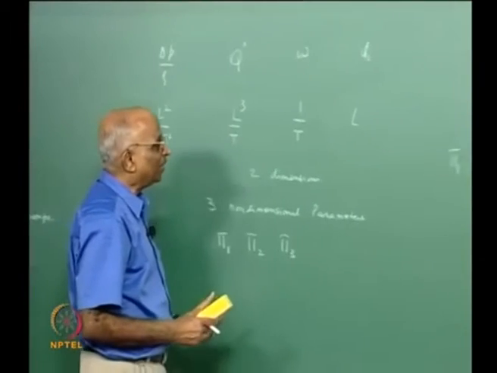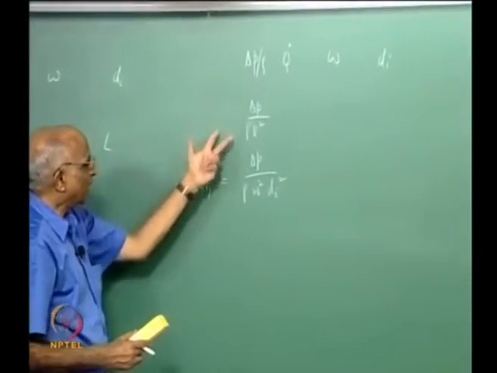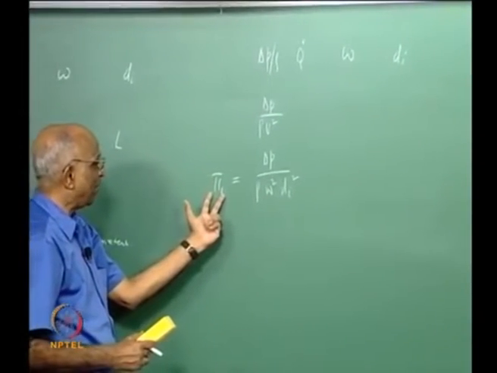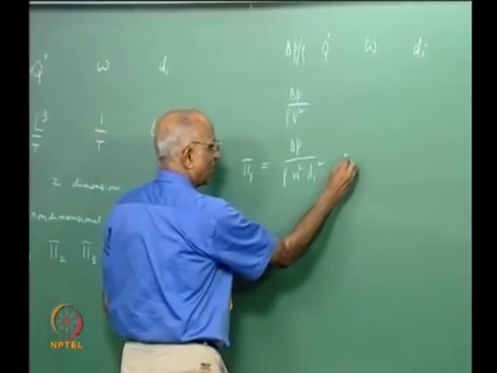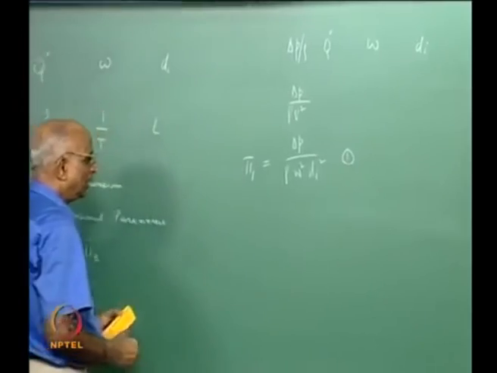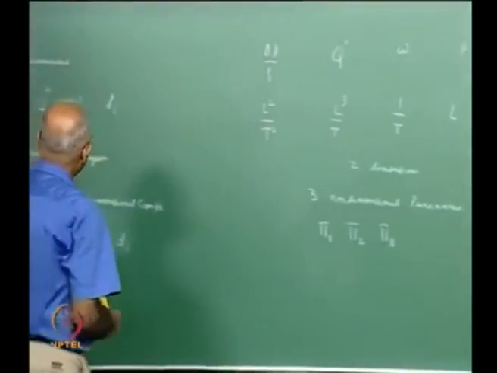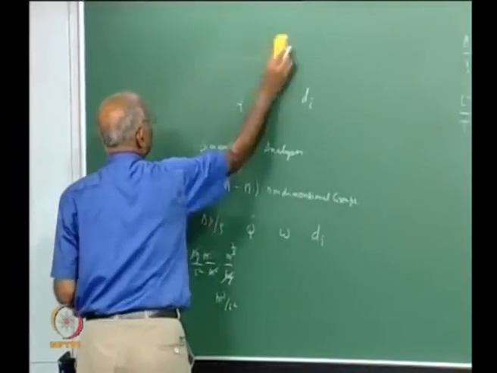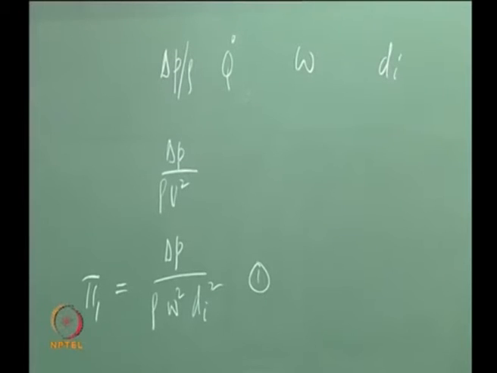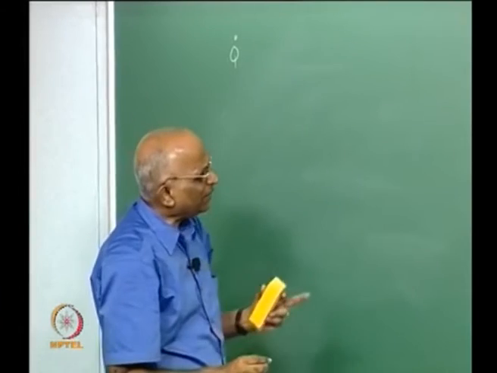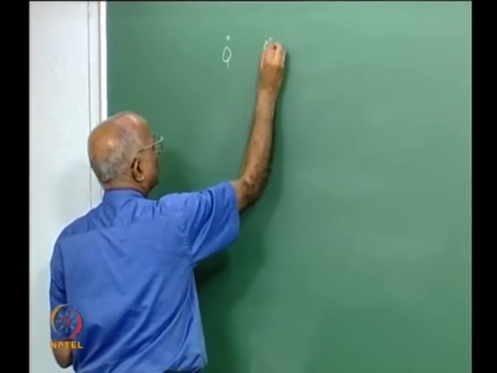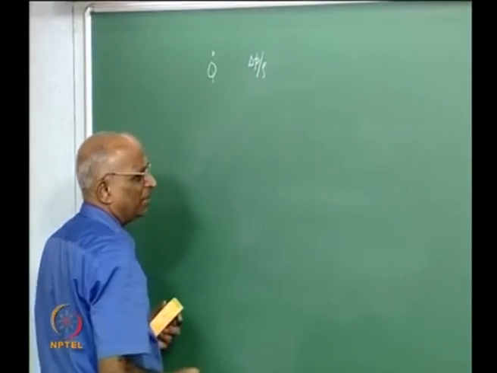Let us say delta p by rho can be put in terms of a non-dimensional parameter, delta p by rho omega square di square, which is my first non-dimensional term. Let us do the second non-dimensionalization with q dot. I have q dot, then I say delta p by rho should also cause variation in q dot.